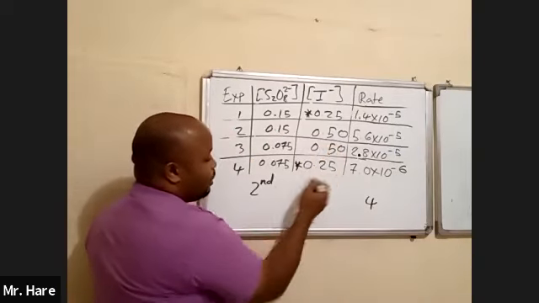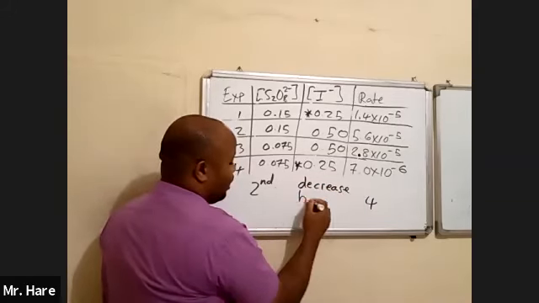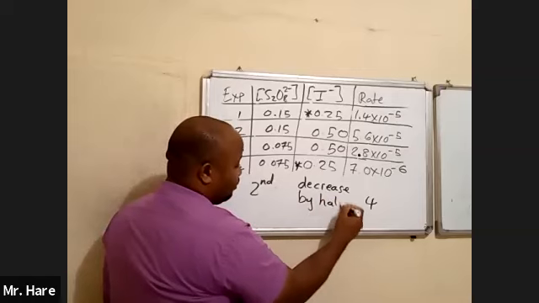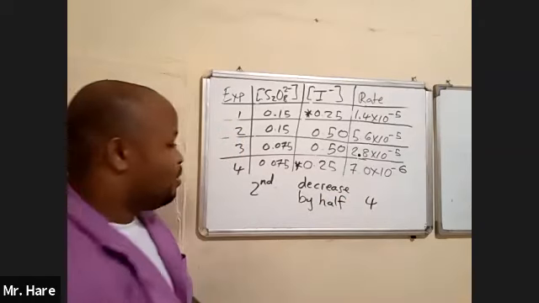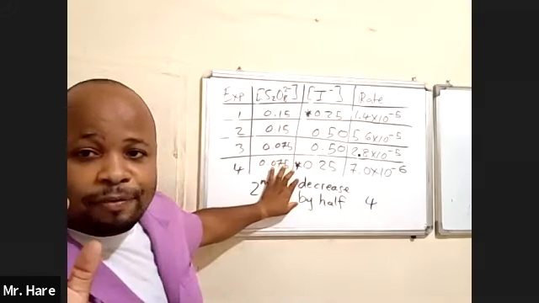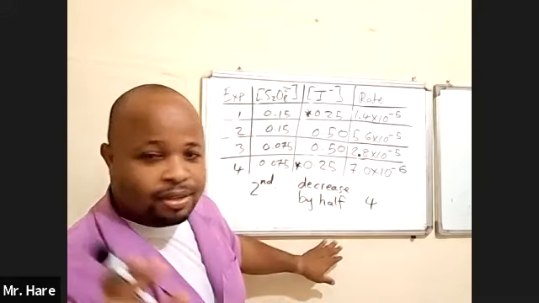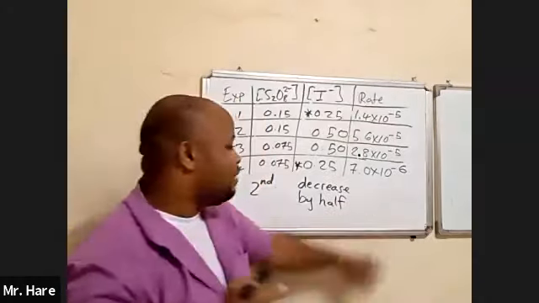From 0.5 to 0.25, it decreased by half. Now, if you decrease it by a half, and it's second order, how much should we divide it by? How much should it decrease by?